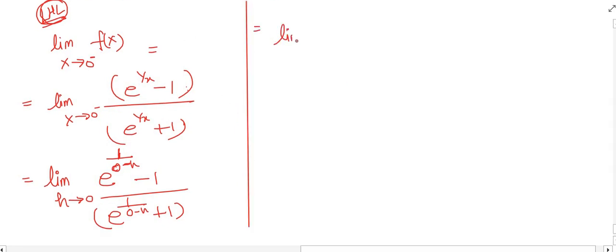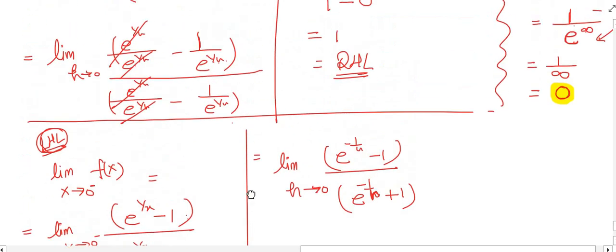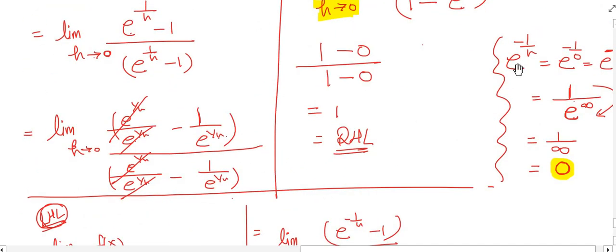Let's just simplify. Limit h tending to 0, e raised to power minus 1 by h minus 1, minus 1 by h plus 1. Correct? Now we will try to put the value h equals 0. In the previous part, I already did e raised to power minus 1 by h.